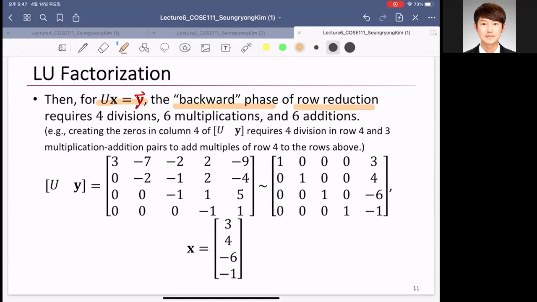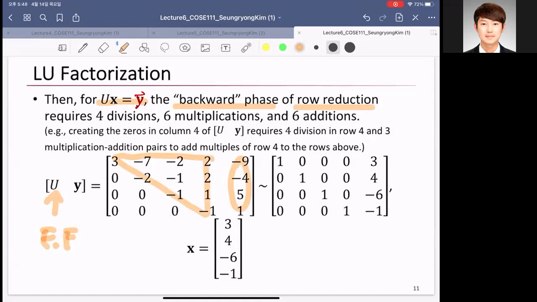Why? Here is the matrix U, which is the echelon form, and we already know y. So it's exactly the same procedure as the backward phase in the row reduction algorithm.